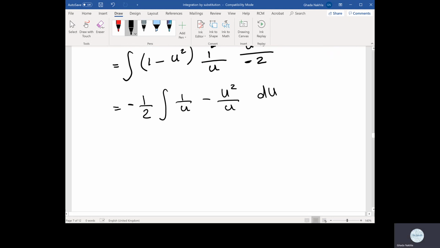Right? Again, simplify more, make things simple for yourself. So minus a half, and then integrating 1 over u, and u squared divided by u is minus u du.